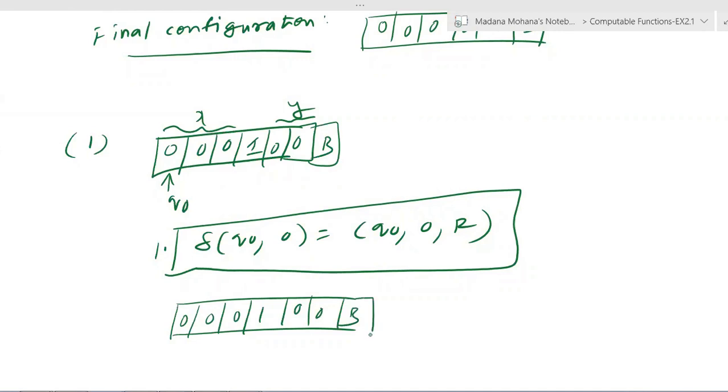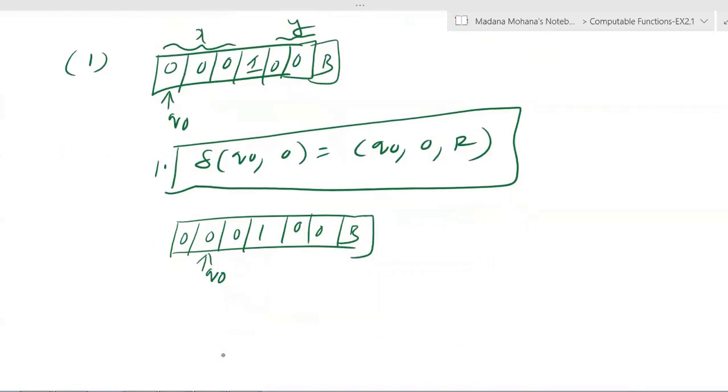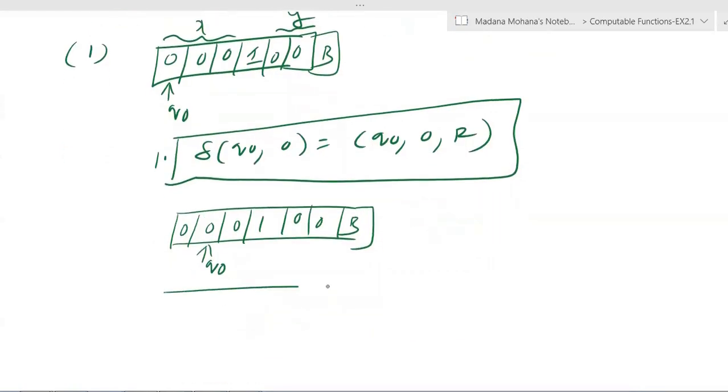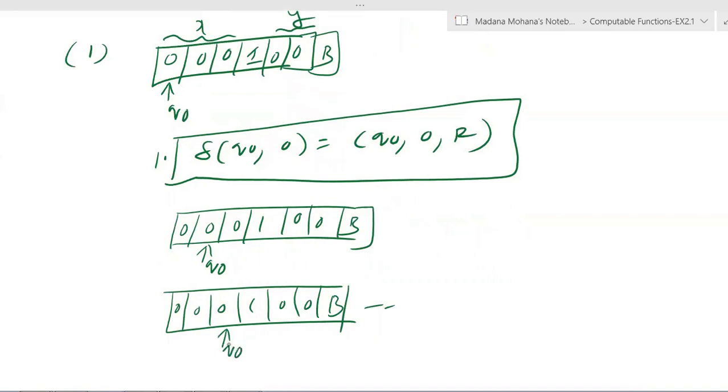Here only the head moves towards the right without changing state q0. Again the second 0 also you have to skip using the same transition: 0, 0, 0, then 1, 0, 0, then blank. Now your finite control will be at the third 0 with the same state.